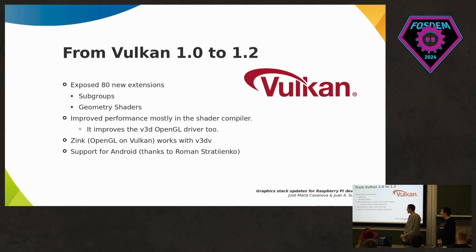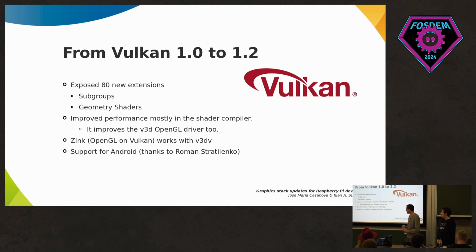The good part is that the shader compiler for the Vulkan driver is shared with OpenGL, so both share the same compiler. All the improvements in the shader compiler also affect OpenGL, so the improvements are for both the Vulkan and the OpenGL drivers.